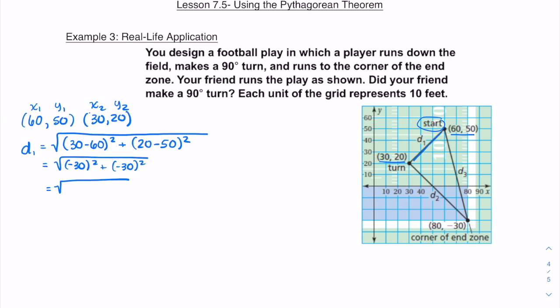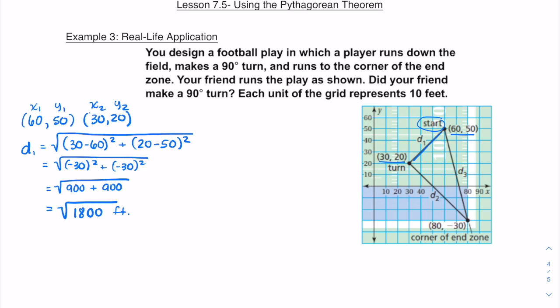So here, negativo 30 por negativo 30, you're going to have 900 plus 900. And now you're going to have the square root of 1,800 feet. Okay, I'm going to leave it there for now because I now have to find the other sides.